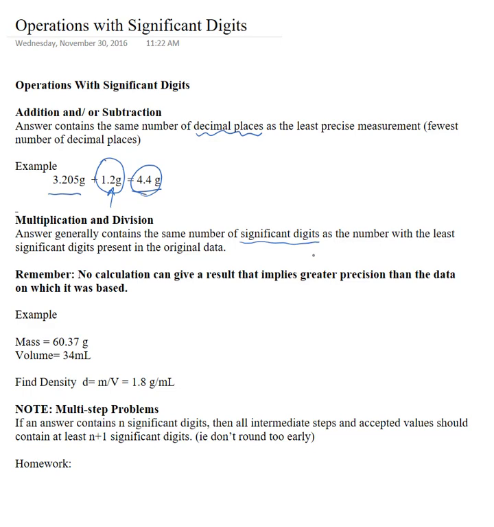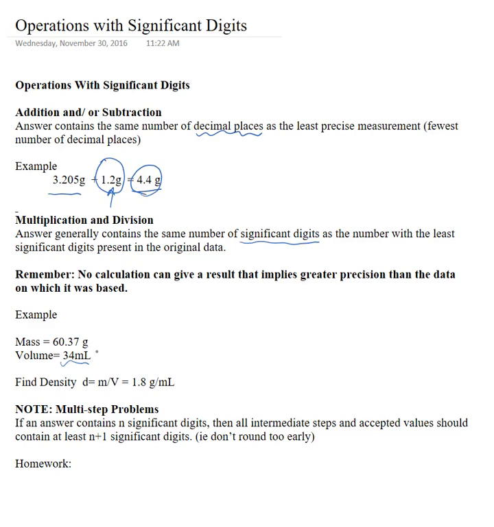So again, this is about no answer showing greater precision than the original data that we had. So in this example here, I've measured a mass to be 60.37. I've measured a volume to be 34 milliliters. And you can see that my volume measurement is not as precise as my mass measurement. It's always based on the instruments that I have available.